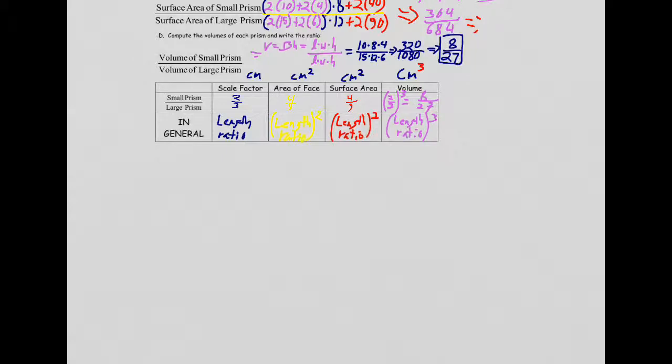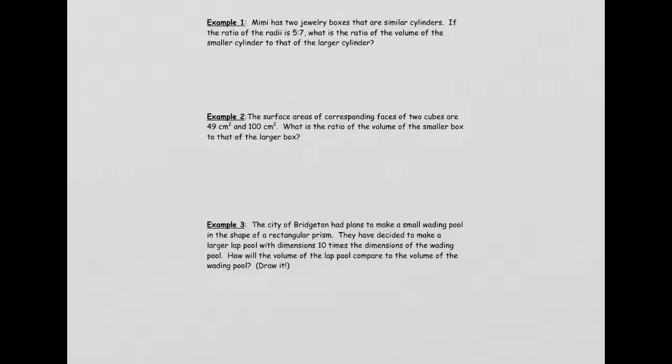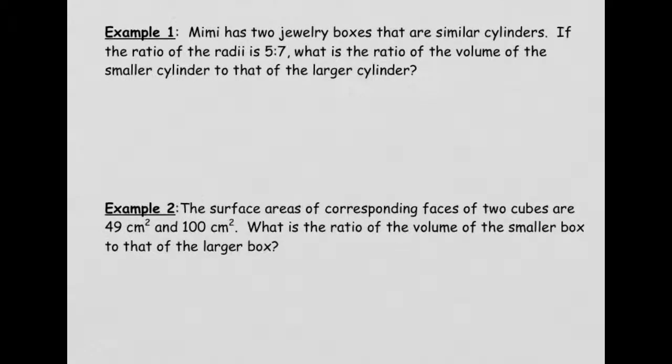Okay, let's take a look at example 1. Okay, so in this one, the ratio of the radii is 5 to 7. Is the radii length, area, or volume? Length, you got it. Ratio of the volume.